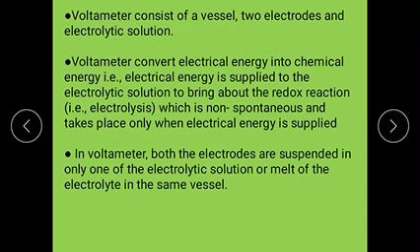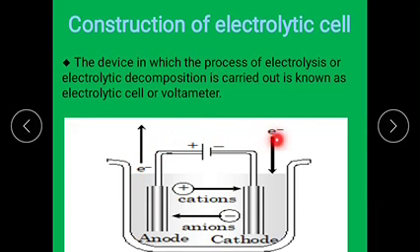The flow of electrons takes place from anode to cathode because when electricity passes from the battery to the electrolytic solution, the electrolyte dissociates into cations and anions, and these ions move towards oppositely charged electrodes: cations move towards the cathode, anions towards the anode.